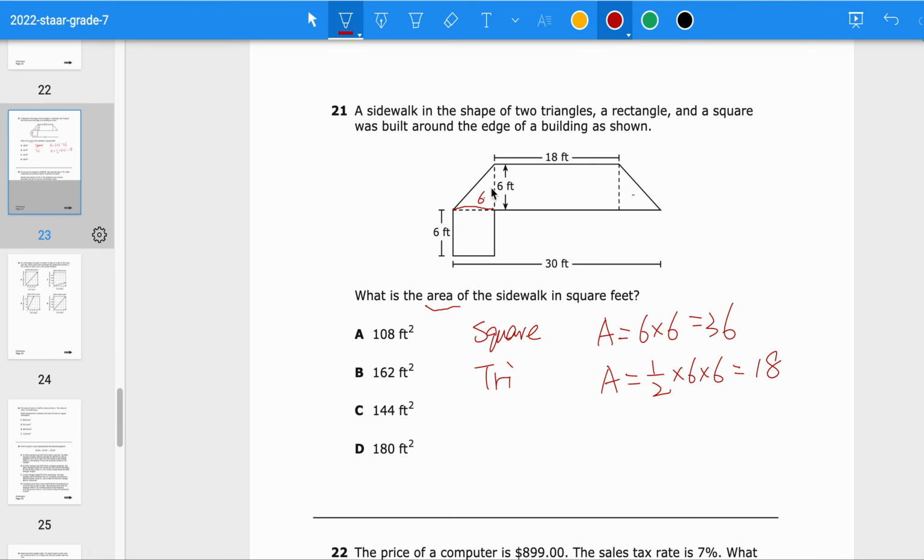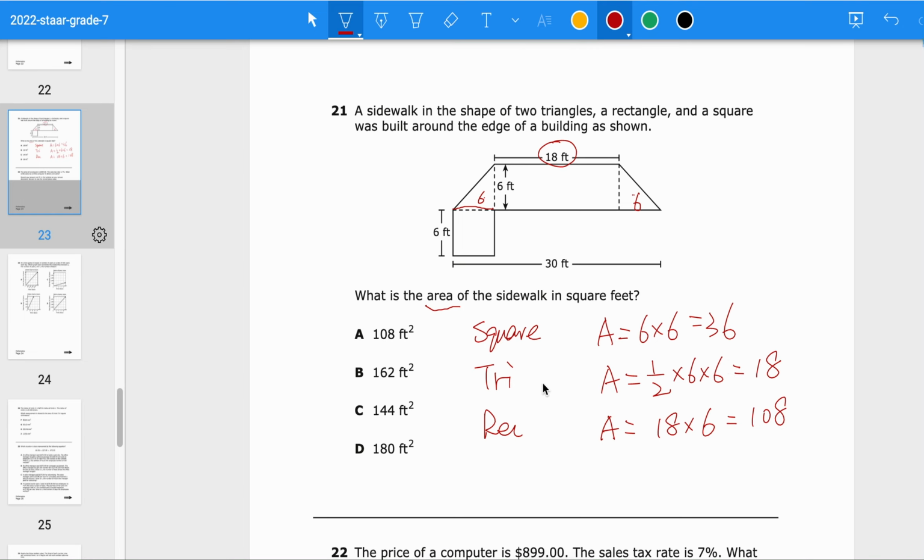And then this rectangle, we can see the whole length is 30. And if each side, the triangle is 6, which means here we have 18 is given. So the rectangle area will be 18 multiplied by 6, which is 108.